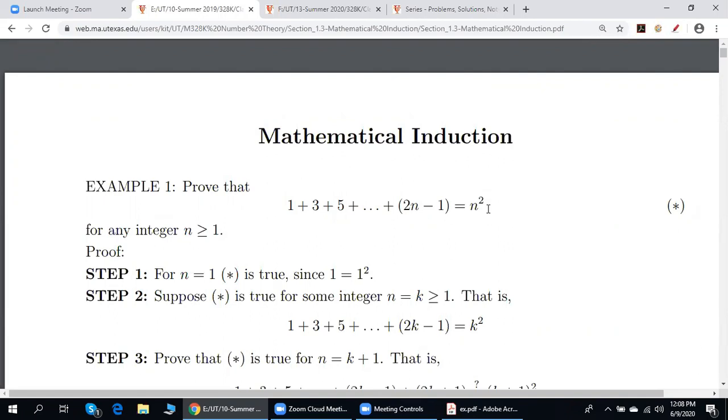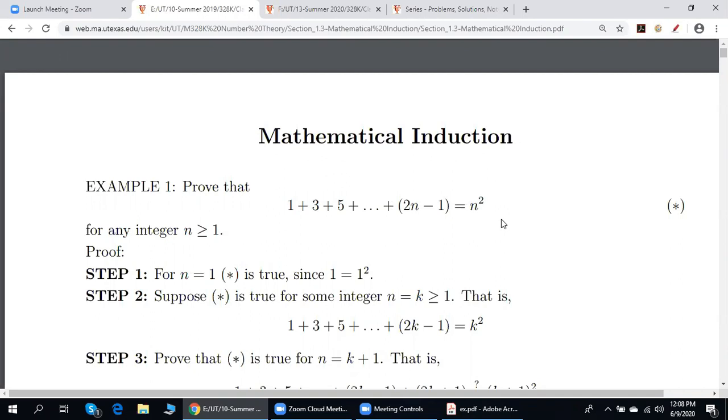First of all, we can check that this is true for some integer n greater or equal to 1. For example, if n is equal to 1, the left-hand side is 1. The right-hand side is 1 square. 1 is equal to 1 square. Correct.